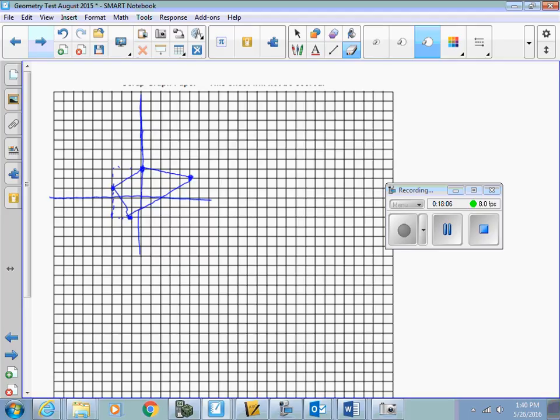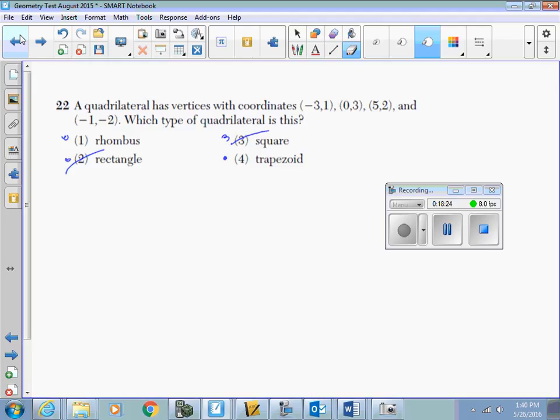These are actually the same length, this one and this one. But this one over here is a different length, and this side's a different length, this side's a different length. So it's definitely not a rhombus, because remember, a rhombus has all sides the same length. So, not a rhombus, so it's a trapezoid by process of elimination.